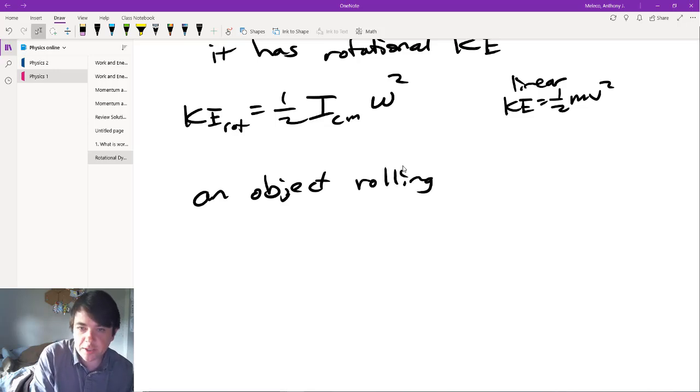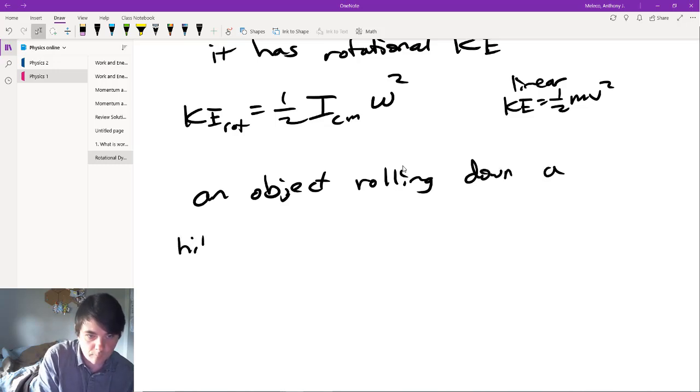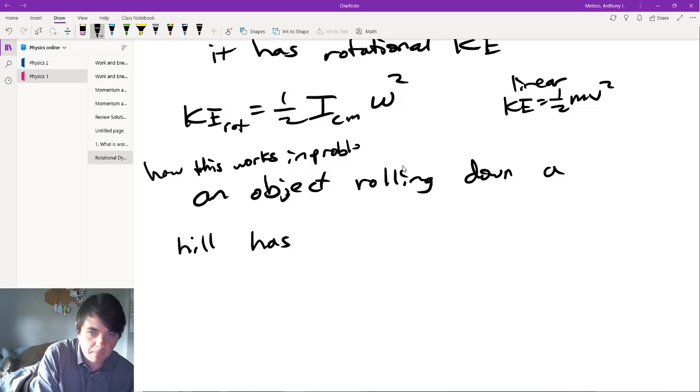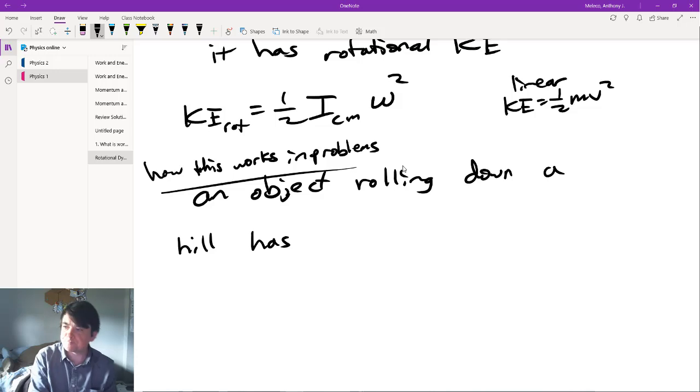An object rolling down a hill, so how this will work, for example, an object rolling down a hill, you know, something like this.